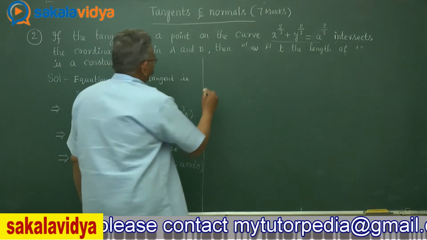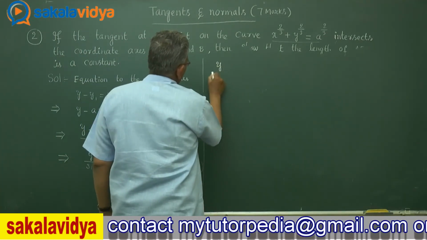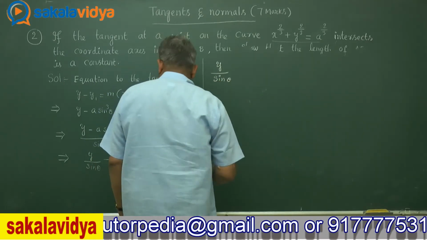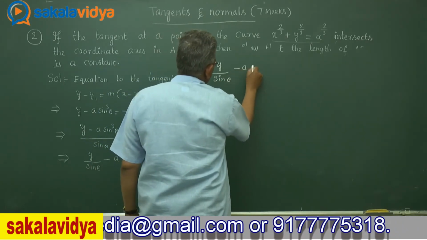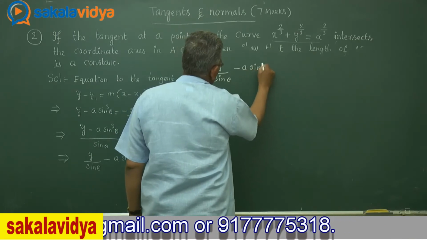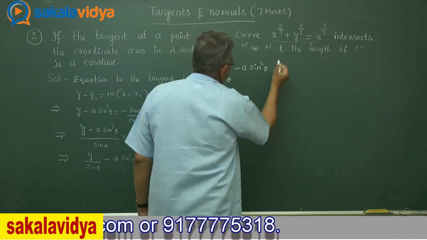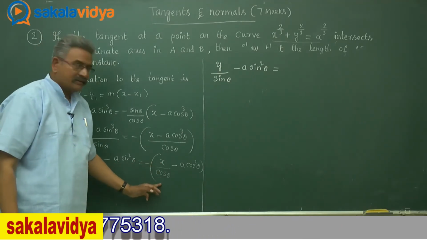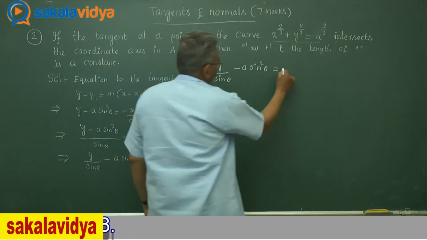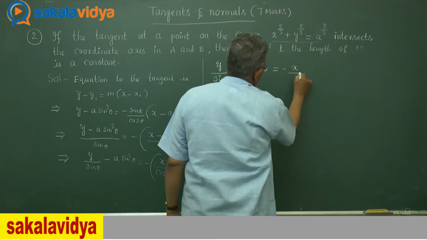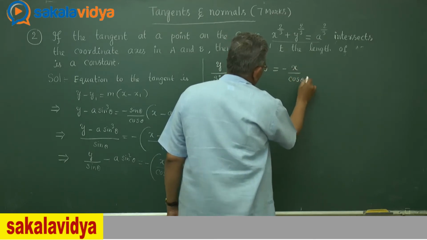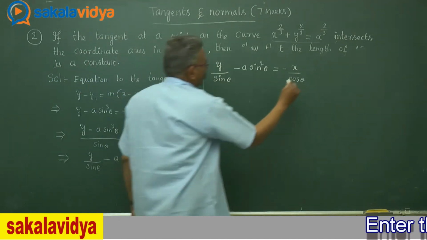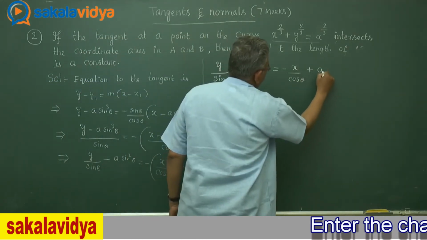So now we can write y by sin theta minus a sin square theta equals minus x by cos theta, and next, see, the minus into minus gives plus a cos square theta.